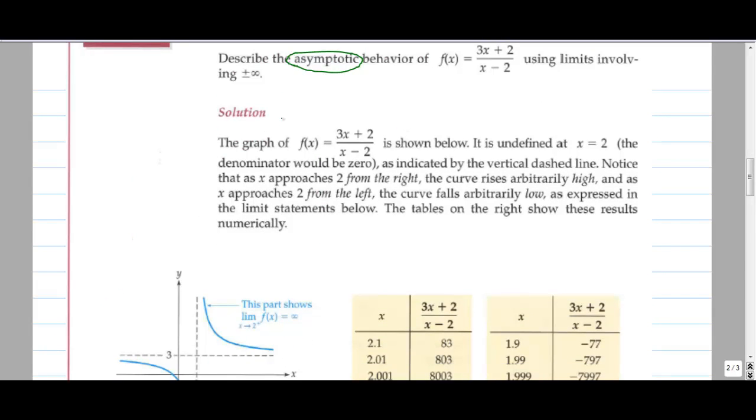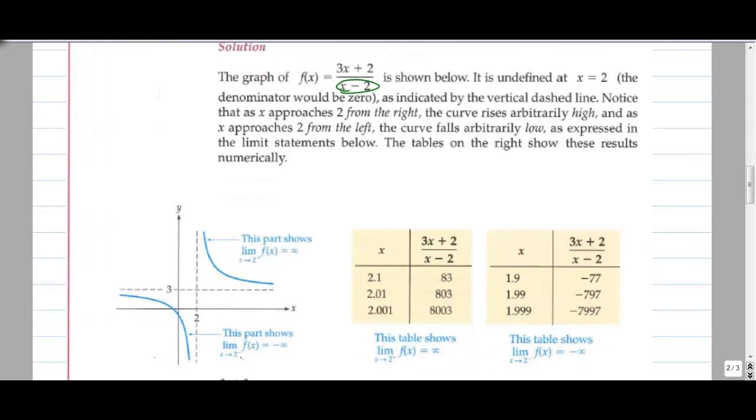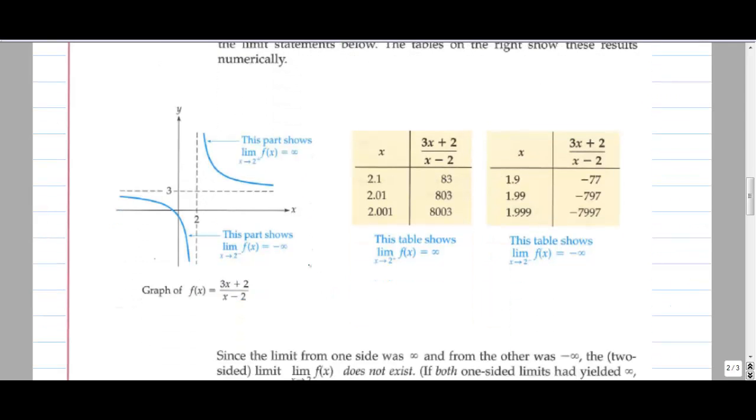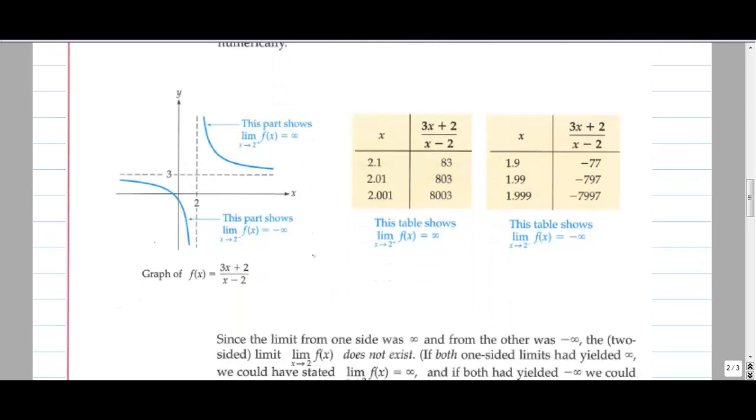At 2, if I try to plug 2 into this function, I get 0 in the denominator, so something funny is going on there, and when you graph it, we have a vertical asymptote there. So you can write that the limit as x approaches 2 from the right is positive infinity, and the limit as x approaches 2 from the left is negative infinity. Again, this is shown in your book.